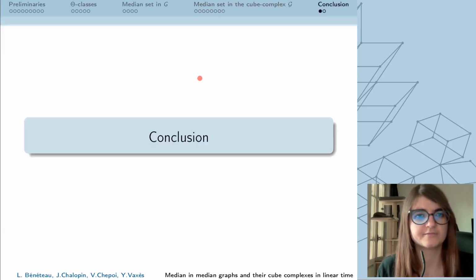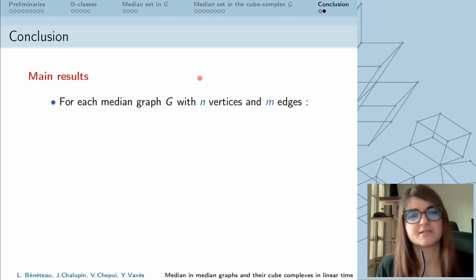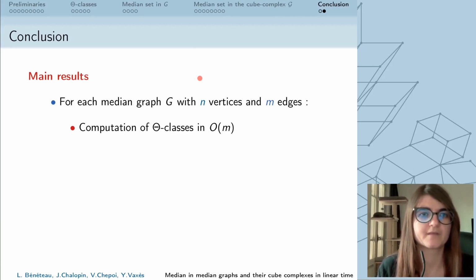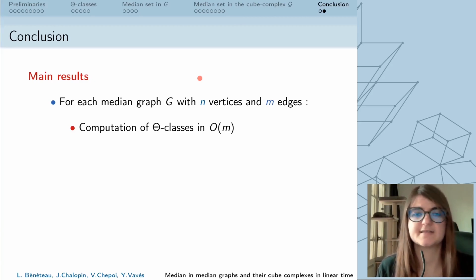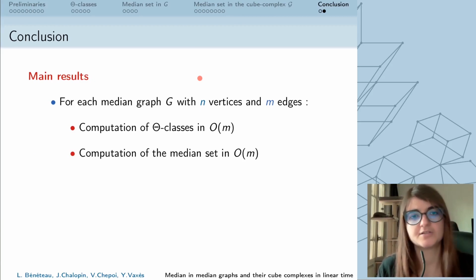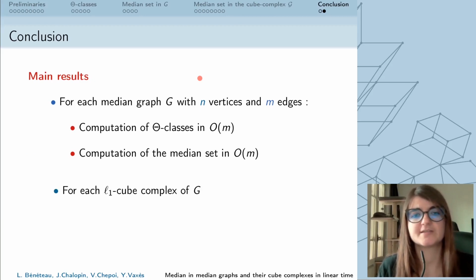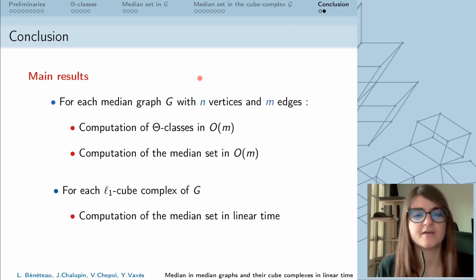We saw that for each median graph with m edges and any weight function, we can compute the theta class in linear time, also the median set in linear time, and for each L1 cube complex of a median graph and any weighted set of points, we can compute the median sets also in linear time. We didn't see that we can do it in linear time, but yeah, it can be done.